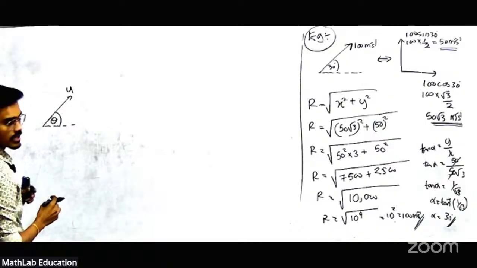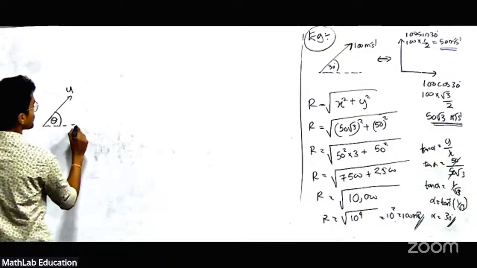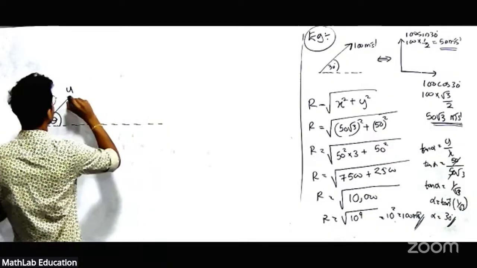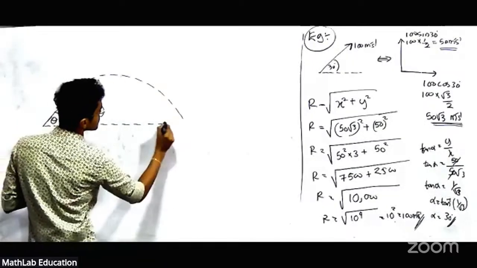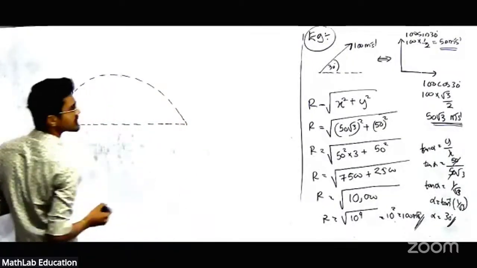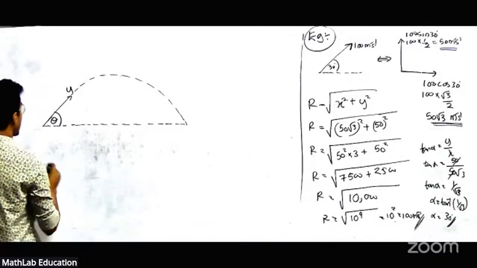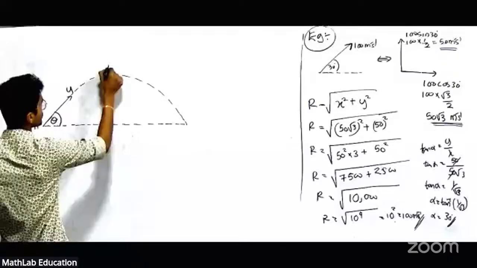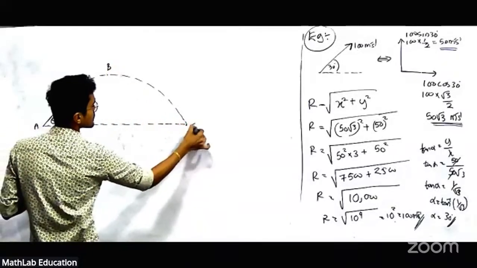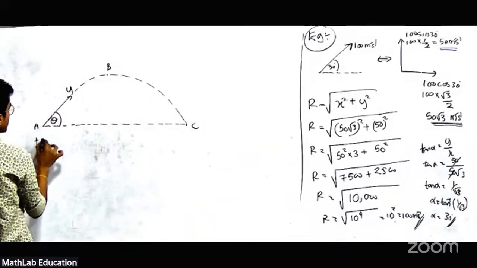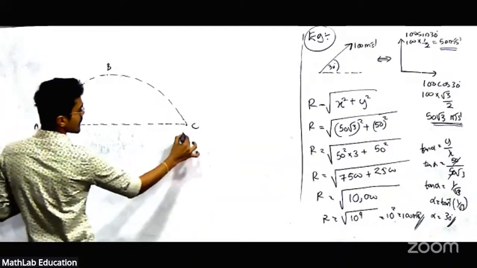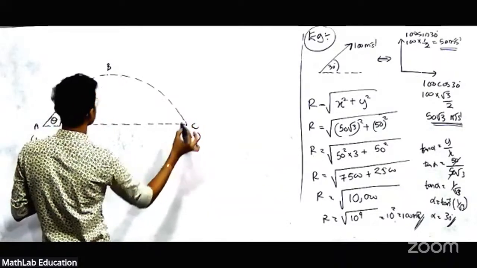If I plot the path, the path of this motion is going to be something like this. This is my starting point. Let's say A, B, C: the starting point A, maximum point B, and final point C. This is t equals 0 of the motion, and this is t equals T, the last point of the motion.